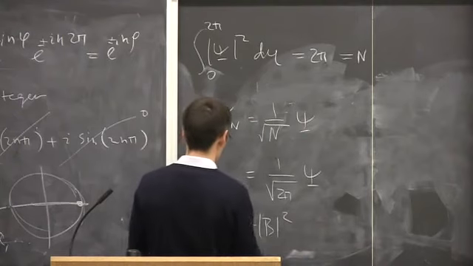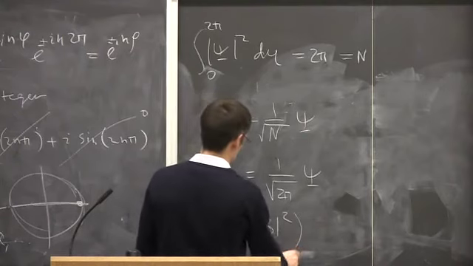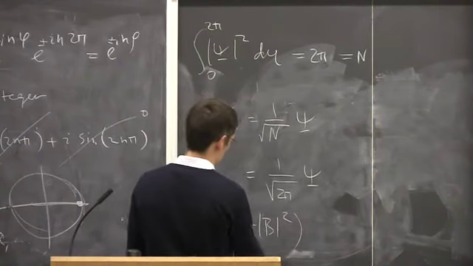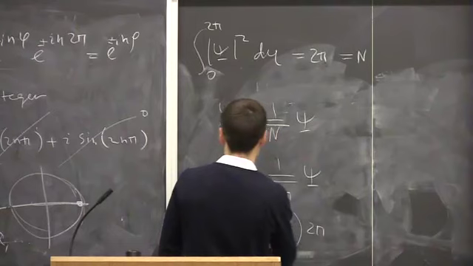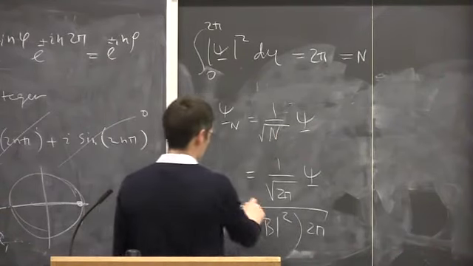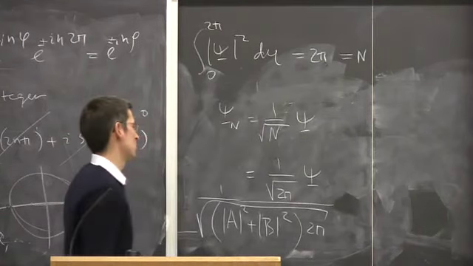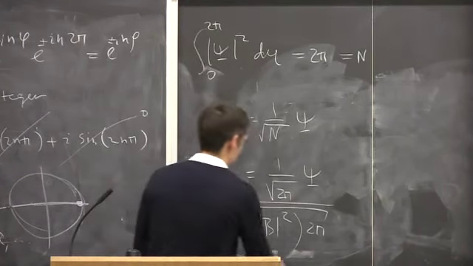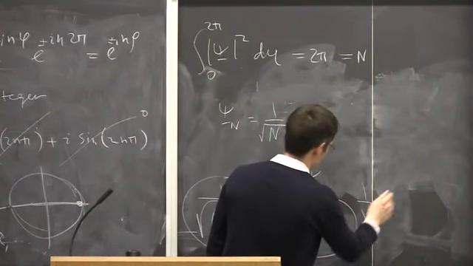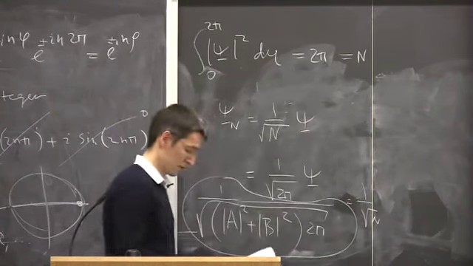So the cross terms will disappear, and the normalization factor would be 1 over the square root of (a squared plus b squared) times 2 pi. So that would be a more complex normalization factor. It can be done as well, but we will stick with a simpler version.